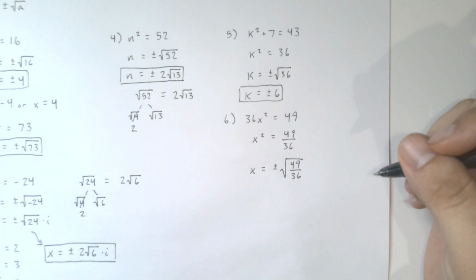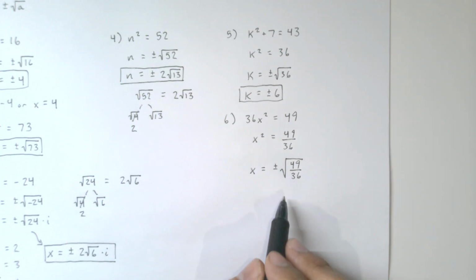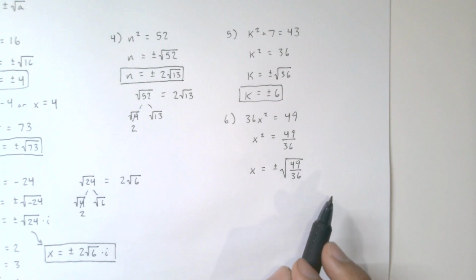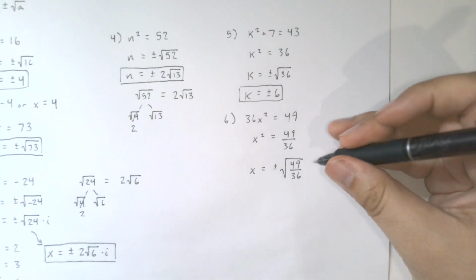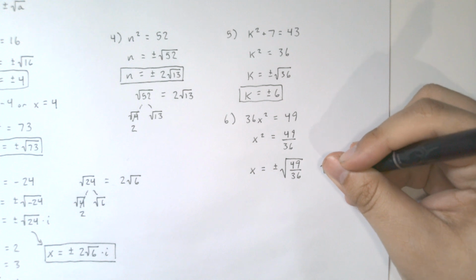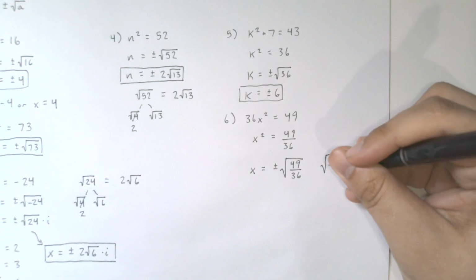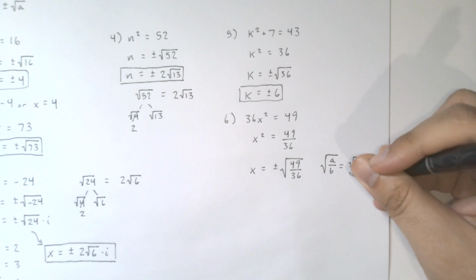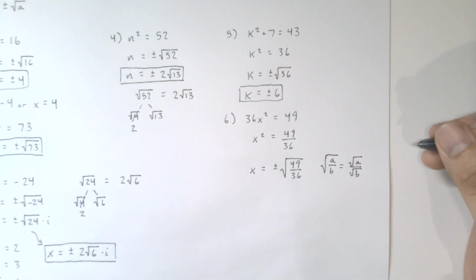So we don't like to have fractions in our square root. And another thing to note is that both 49 and 36 are perfect squares. And so we have this property that if we have the square root of a fraction, like a over b, that it's equal to the square root of a over the square root of b.